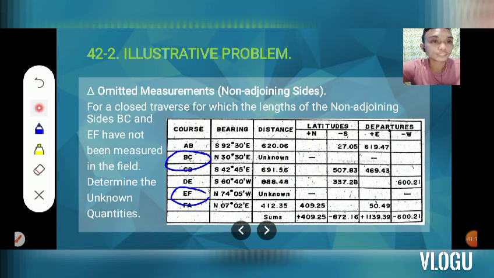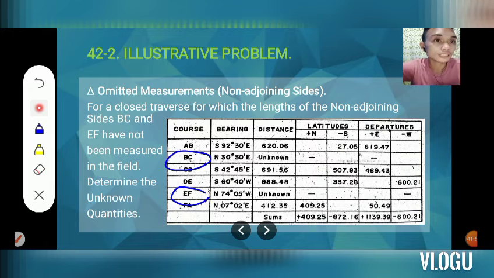In the latitude column, in the north there is only one value, 409.25. In the south, we have 27.05, 507.83, and 337.28. When we add them, we have 875.16, negative since it is south.